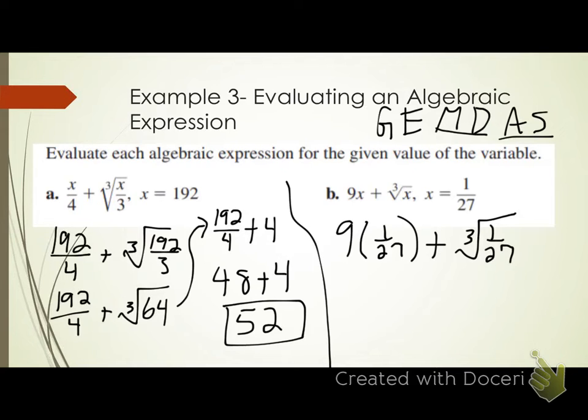I know we were good with this yesterday, but are we still good plugging in a number for a variable? Yes. Whether that be a fraction or a whole number. That's what it told me x equals, so I've got to use that value for x in my expression.